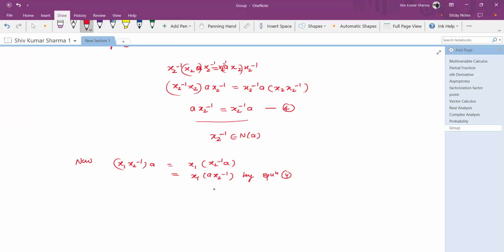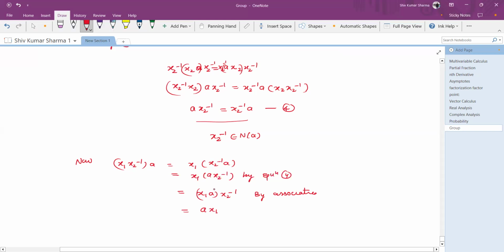Using the associative law, x1 into A can be written as A into x1 by definition, by using equation number 2.